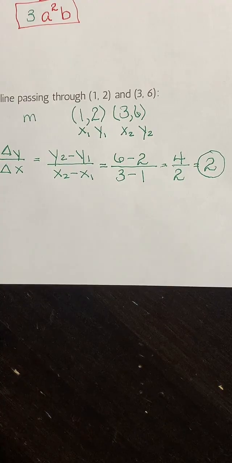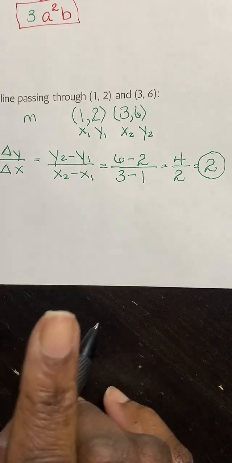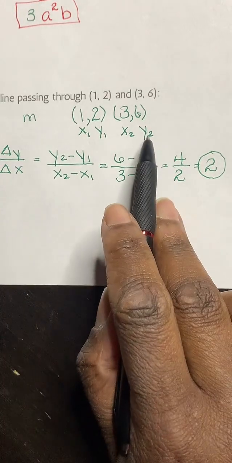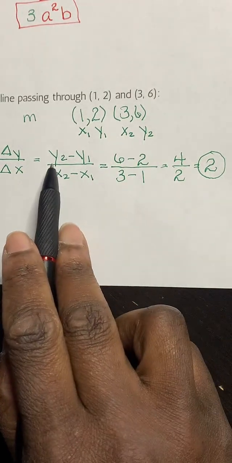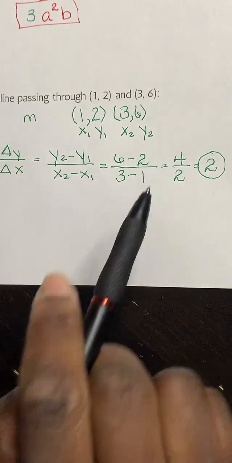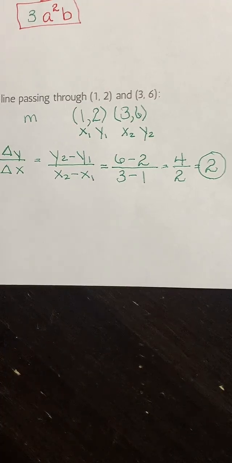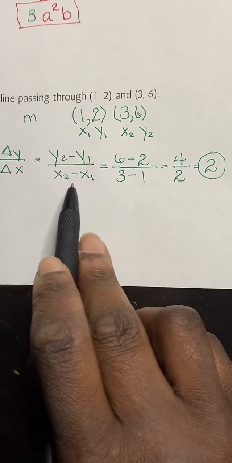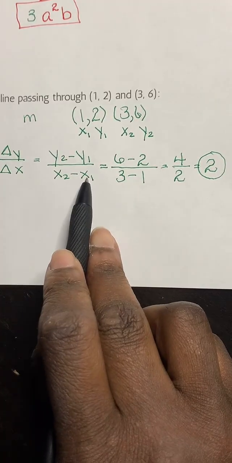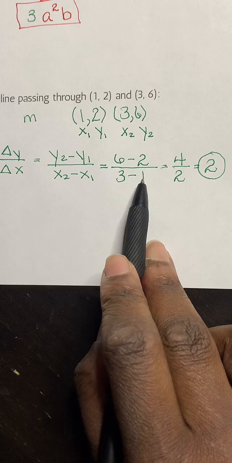But like I said, there's another way of doing it. Most of the time, and this is what happens to a lot of my students, they're perfectly fine when it's y2 minus y1, they'll do the 6 minus 2. But this is what happens each and every time. I think it's a brain thing that they always mix up the x's. They will say, oh, then this is 1 minus 3.